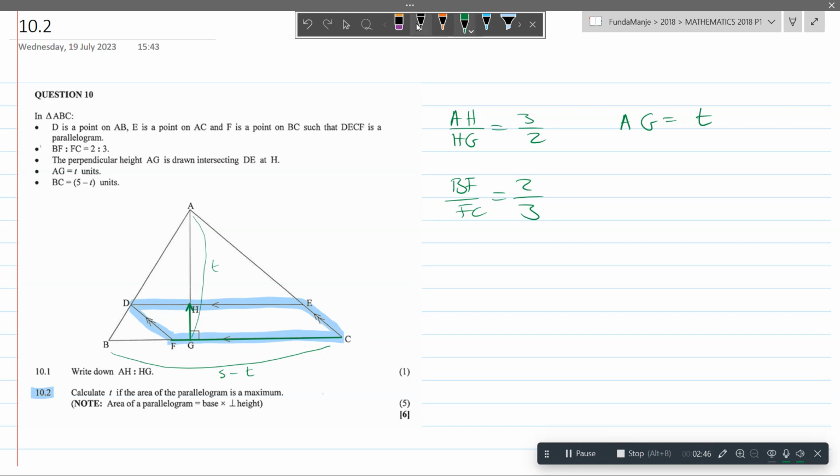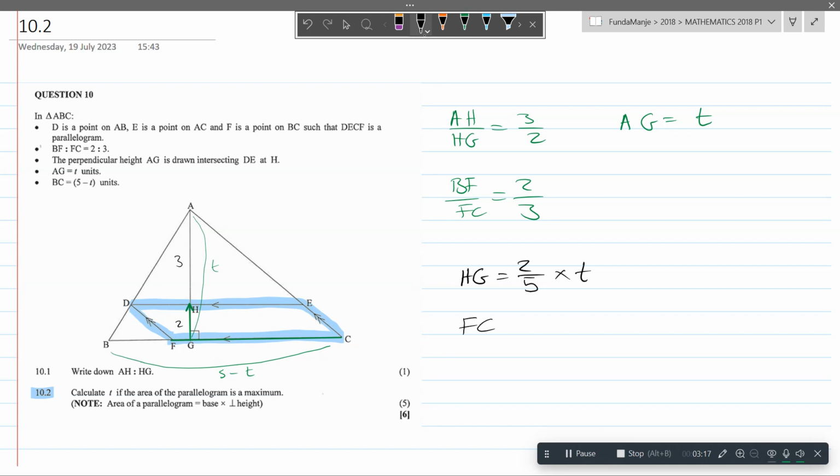So if we're only interested in HG, since that is the height we're going to use for our formula, we're going to say HG is equal to, we can see HG from the ratios of 3 over 2, will take 2 parts out of the total ratio, which is 5, multiplied by the total length of HG, which is T. Then we also have the same thing for FC.